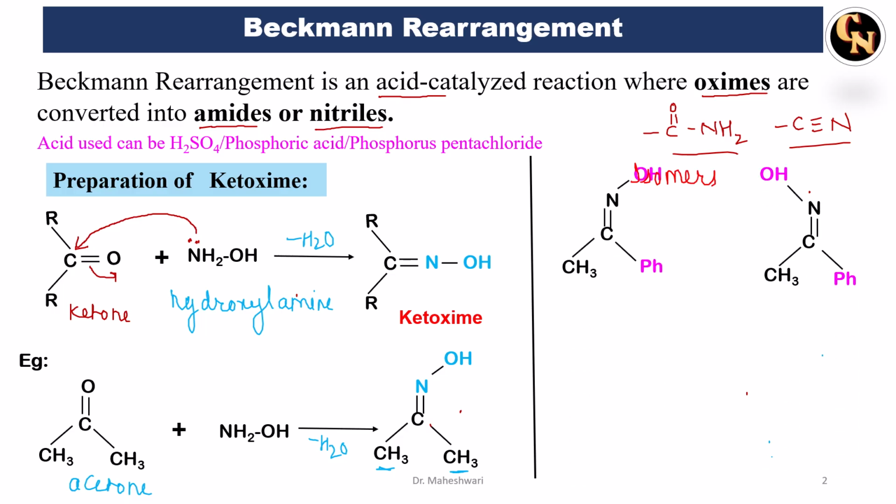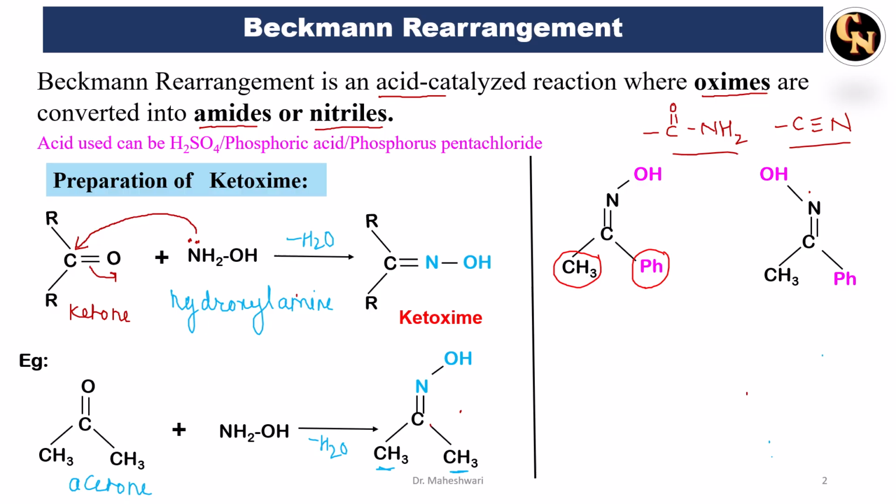These are the 2 isomers which I have shown on the screen. Now the isomers which I am showing, I did not take from acetone. I have taken acetophenone for preparing the ketoxime. Now you may ask why here the R groups, one is CH3 and the other is Ph.